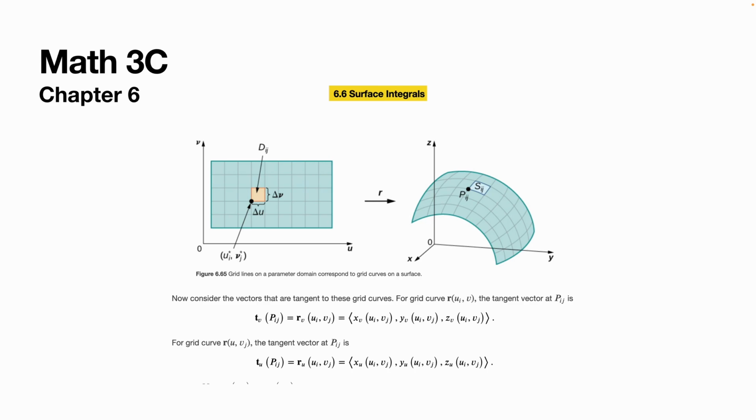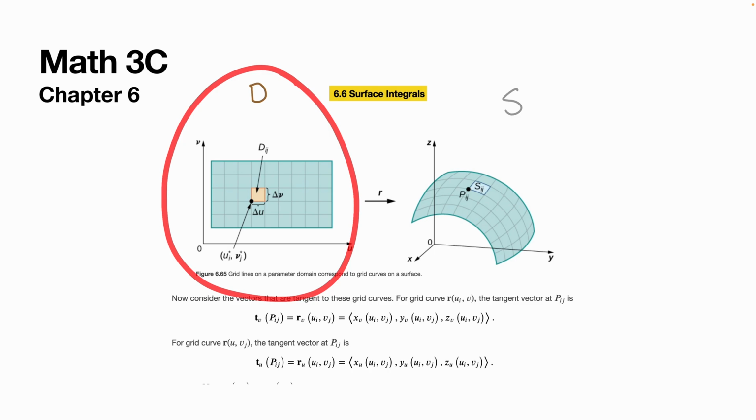And as such, that is the parameter domain D. And then on the other side, we have the X, Y, Z axes. And then sketched over there is a surface. All right, and then we have this picture, which is our domain.